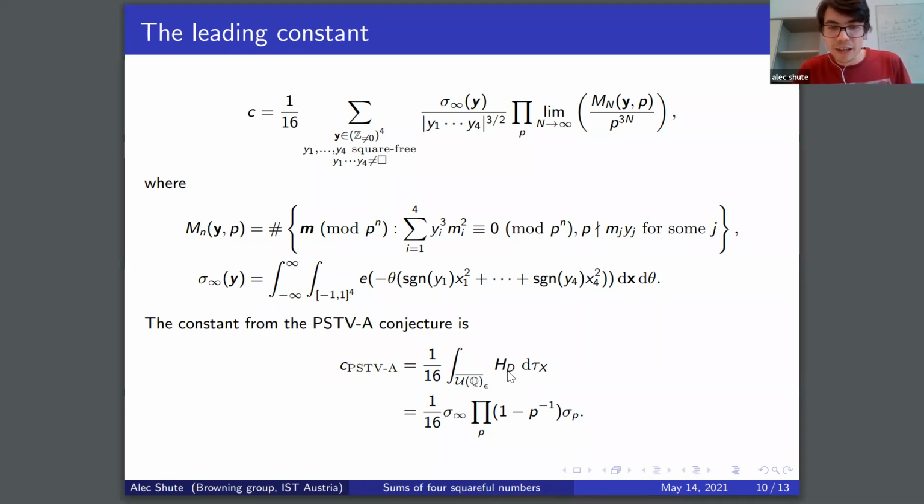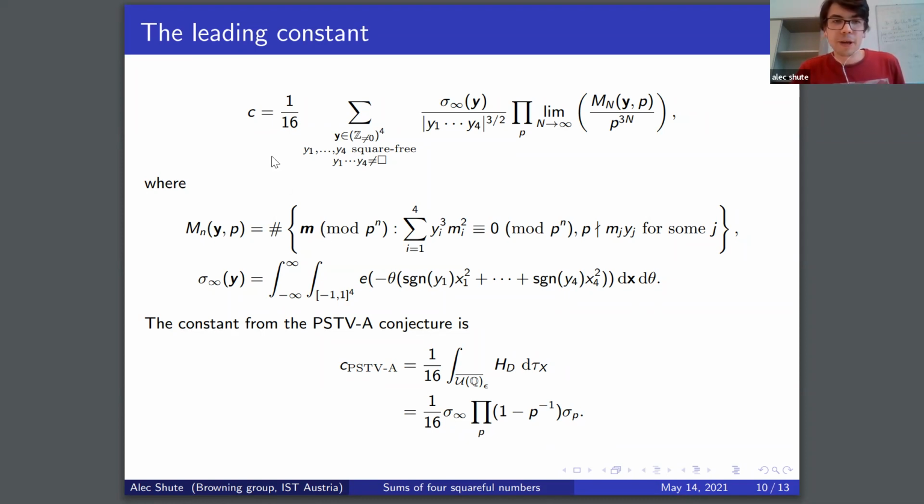And then this H_D is like the height corresponding to our divisor D. And then dτ_X is the usual Tamagawa measure, which pops up in the classical Manin conjecture in Peyre's prediction for the leading constant. So anyway, it turns out this is just an Euler product. And we think of the sigma_p's as p-adic integrals, but with some local Campana conditions.